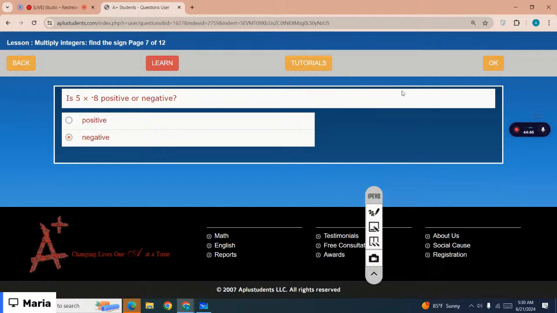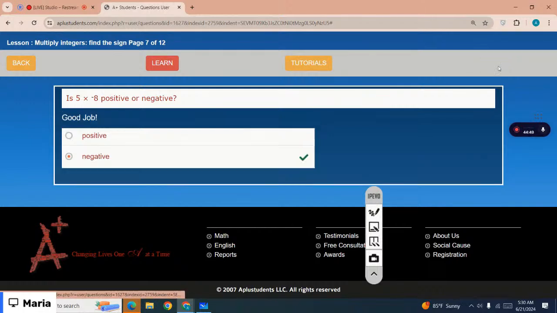Negative it is. The correct option is negative.